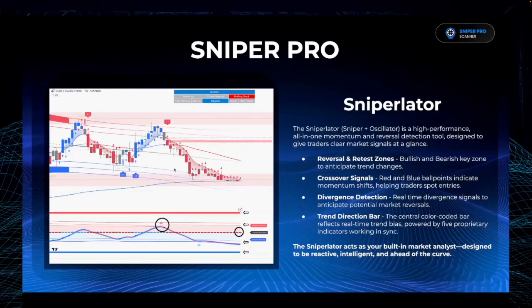Whenever you are in the market, if you're able to get a bearish scorecard and a red bar, or a bullish scorecard and a blue bar line up at the same time, this is going to give you a really good indication. And if you're in a bearish market and you're looking for a price decline, as long as this trend direction bar is red, you are on the safe side.